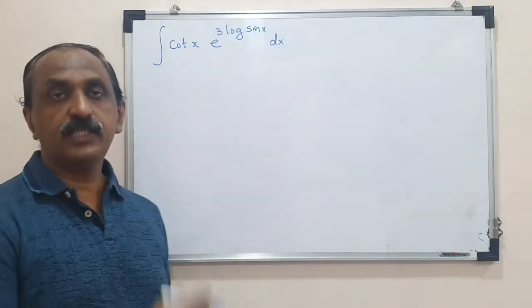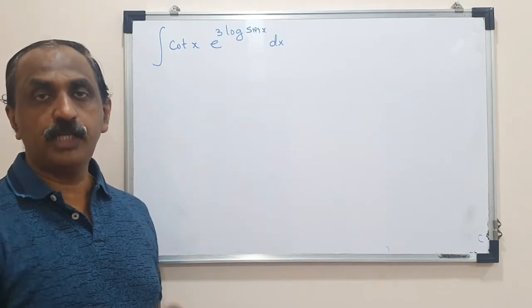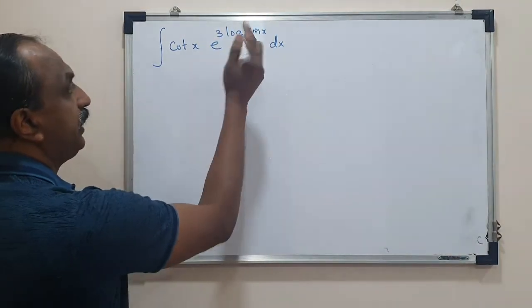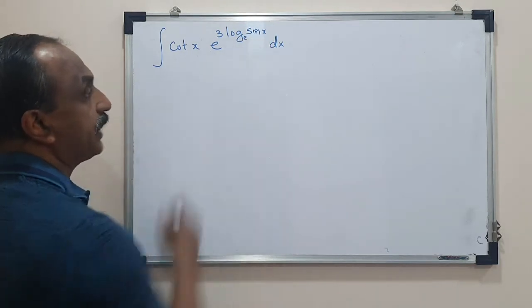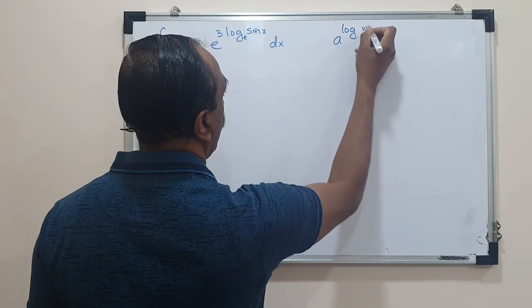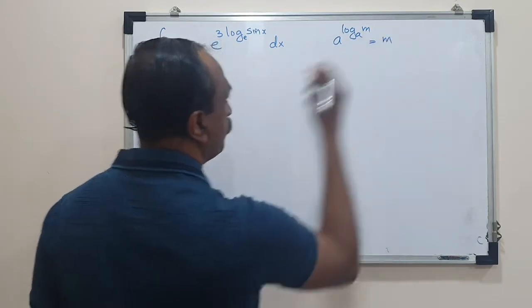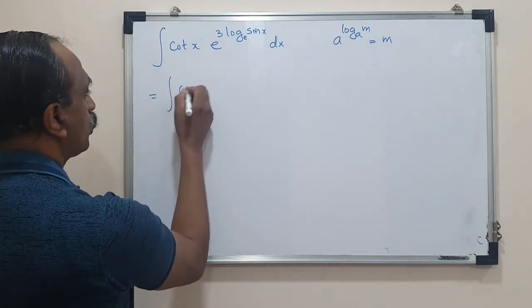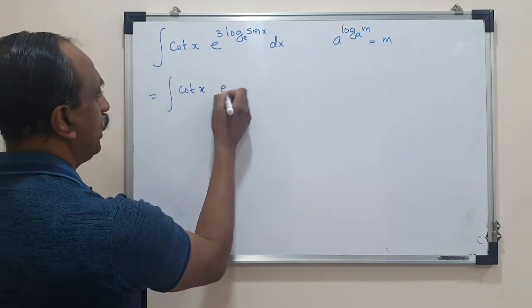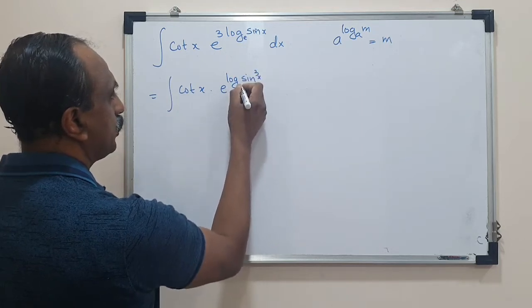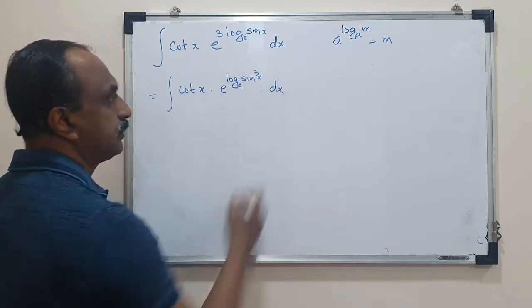When functions are given in this format, first and foremost we need to simplify the function. You know that if the base of the log and the base of the e are the same, a cancellation is possible. A raised to log m to the base a is m itself. So we try to simplify using that. So we have cot x into e raised to log sine cube x to the base e into dx.